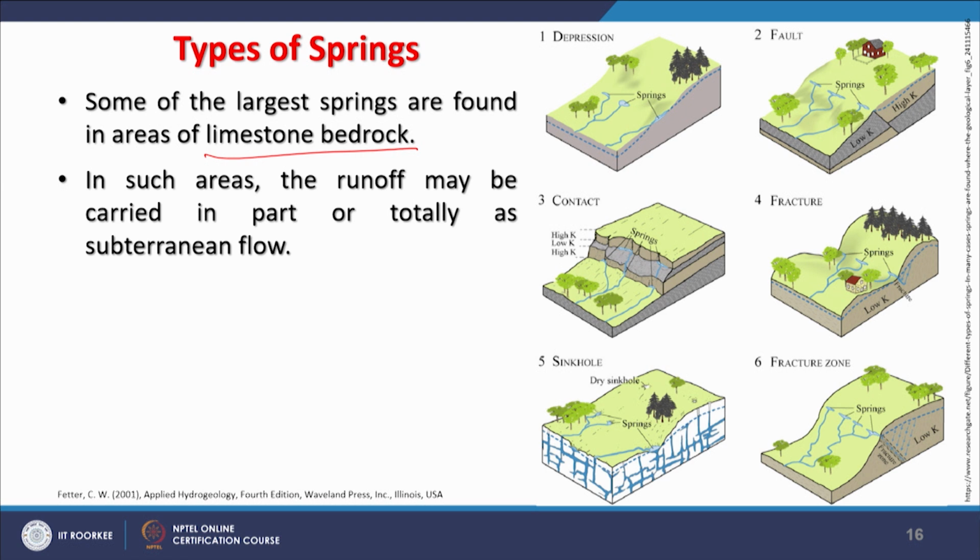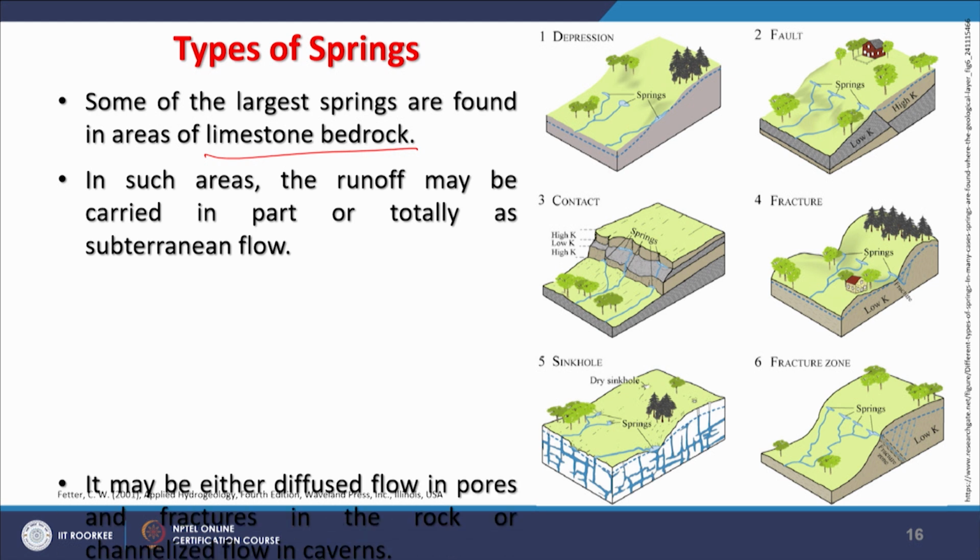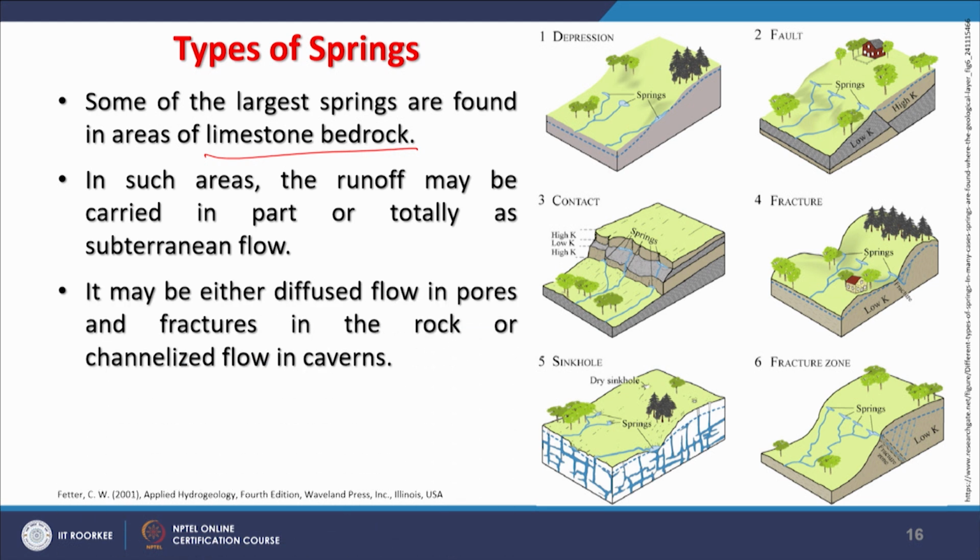These are all in limestone terrain. So, there might be some sinkholes or some very large, well-known springs in Himalaya located in limestone terrain. In such areas the runoff may be carried in parts totally as subterranean flow, and the flow generally is very high in such areas. The recharge area may be very different.